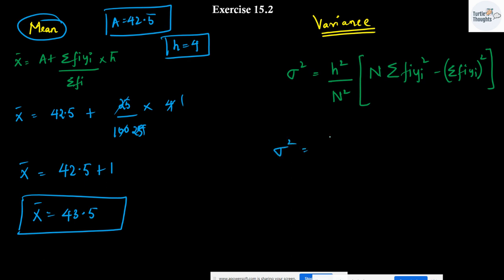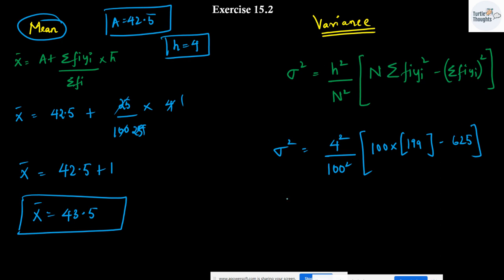Upon substituting all the values, I will be getting sigma square as 4 square divided by 100 square, multiplied by 100 multiplied by summation of FiYi square, which is 100 multiplied by 199, minus summation of FiYi whole square, which is 25 whole square, equal to 625. 25 square is 625.